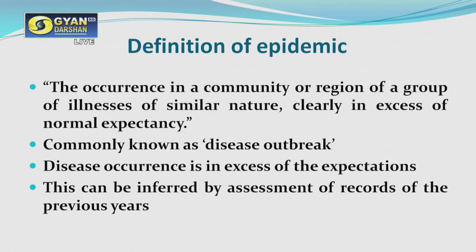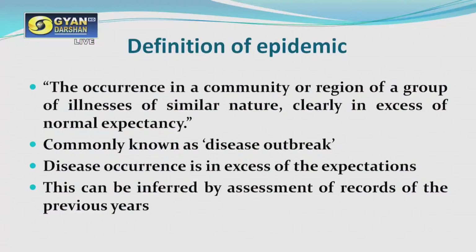Similar nature means that every person is coming with the same kind of signs and symptoms, and they have the same kind of history, like they have consumed something from the same place. They are not in the form of normal expectancy, but they are in excess of the normal expectancy. Then only can we say it is an epidemic.